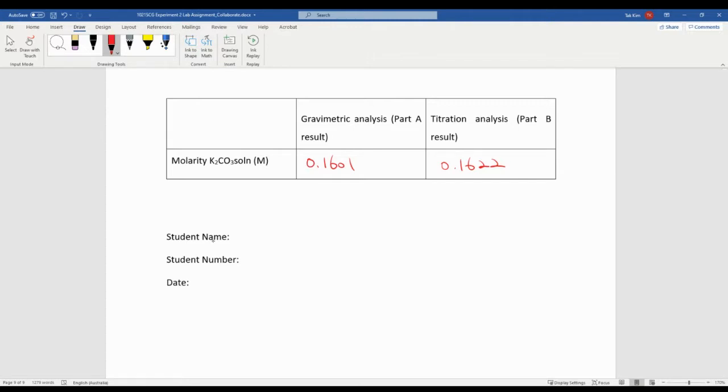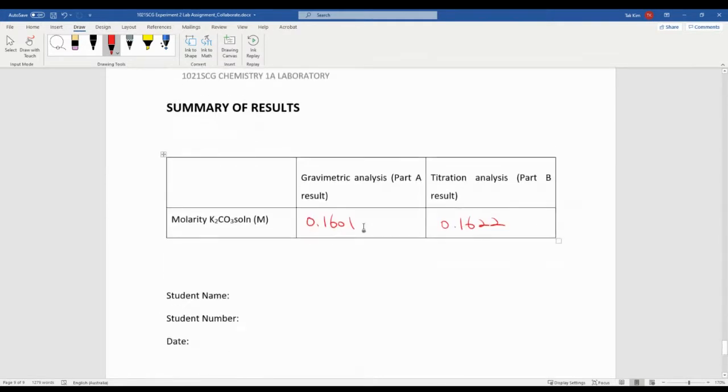And make sure that you put your name and number as well as the date. And that is it. If you were in the lab, I explained why this is smaller than part B, because when you do gravimetric analysis, you tend to lose a tiny bit of sample.